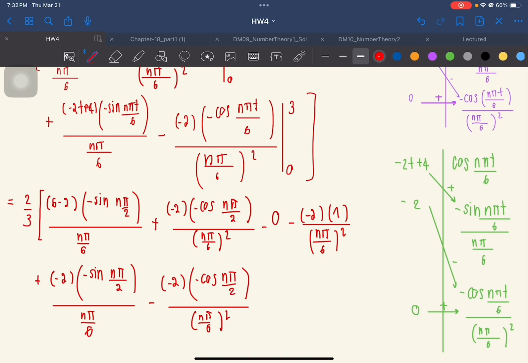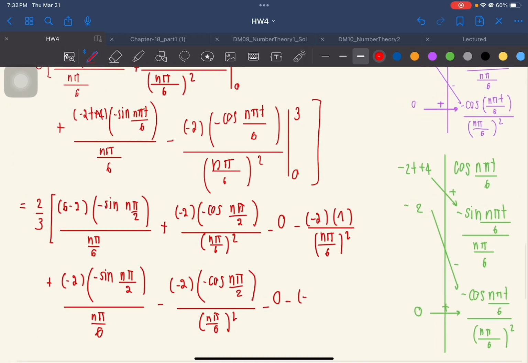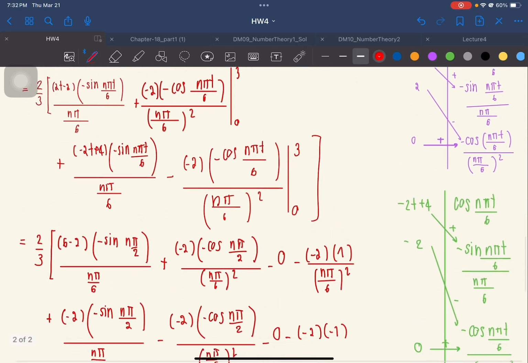Sine is 0, and for the last one is minus 2, is equal to minus 1. I think I'm wrong somewhere.